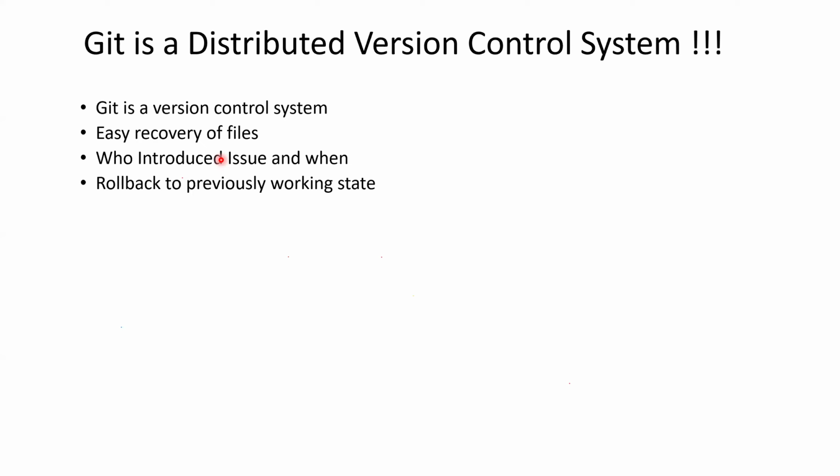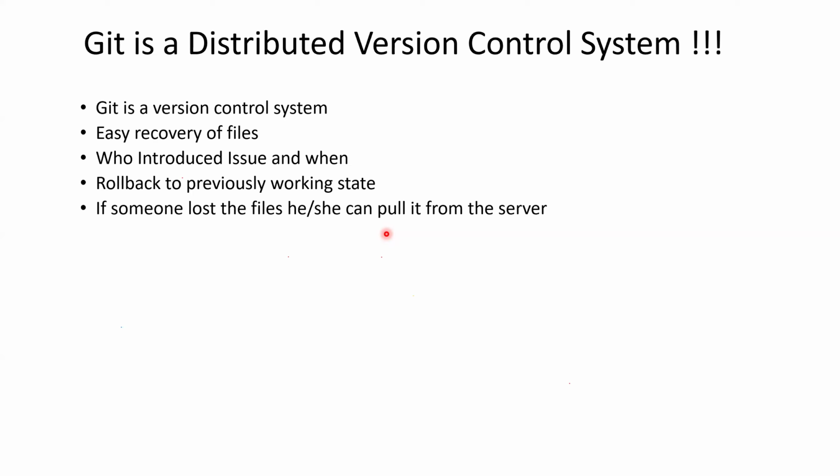Now, if someone lost a file, say you are working on something on your system and a file is corrupted, or lost, or you deleted it, or any mishap happens with the file, in that case you can directly pull it from the server.